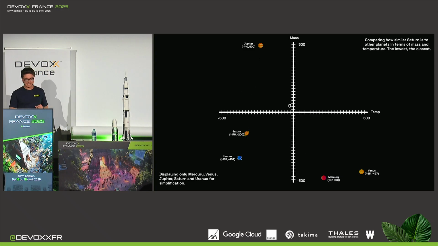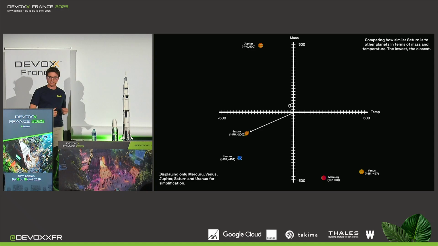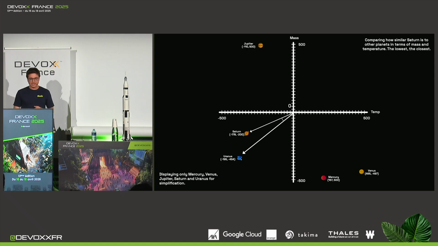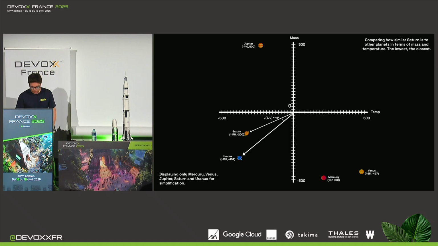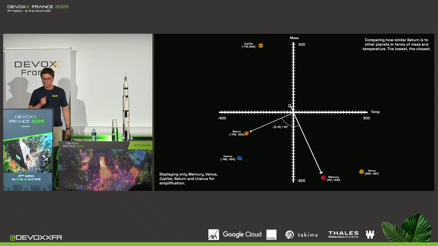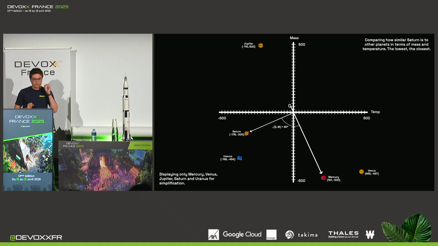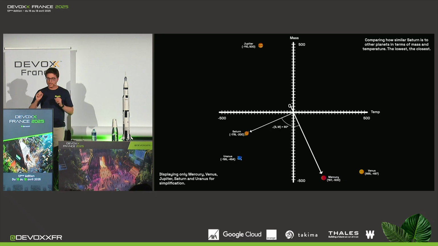And to do so, what you're going to do is trace a line going from the origin of this coordinate system to one of the vectors, in this case, Saturn, and then another line going from the origin to another vector, and look at the angle that is formed between these two lines. All right? You can see that the angle that was formed in this case was 18 degrees. While the angle that is formed between Saturn and Mercury is going to be much higher, being 60 degrees, meaning that Mercury is more different than Uranus when compared to Saturn.